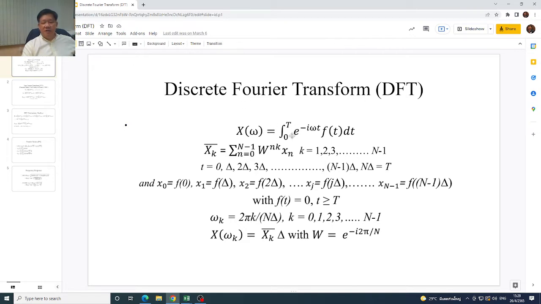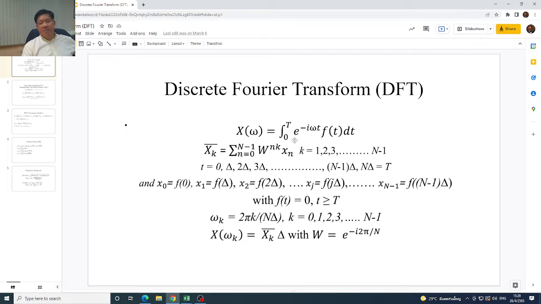The first equation that you find on your screen here, we call the capital X of omega equal to the integral from 0 to capital T of the function e to the minus i, where i is the square root of minus 1, times omega times t, this is the exponential power, times a specific function we call f of t, dt, when t is running over the domain from 0 to T. But you can see that once you evaluate this integral, the domain t vanishes.